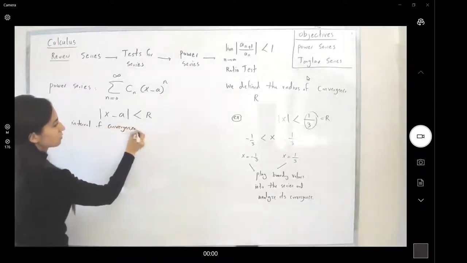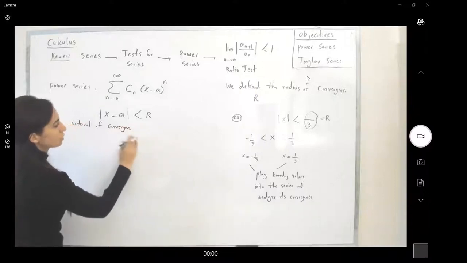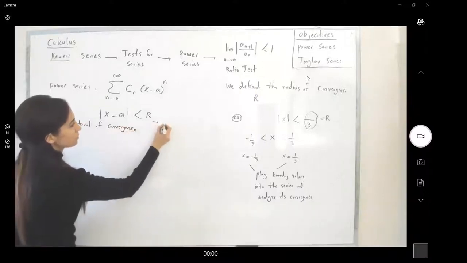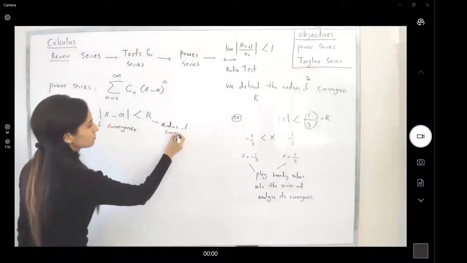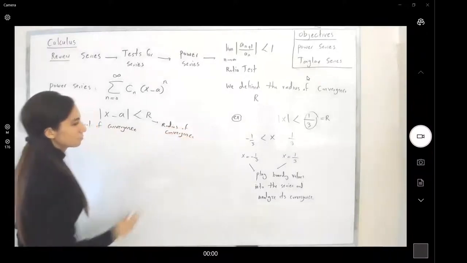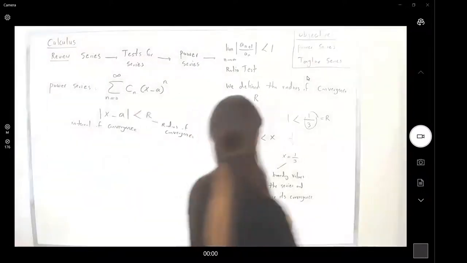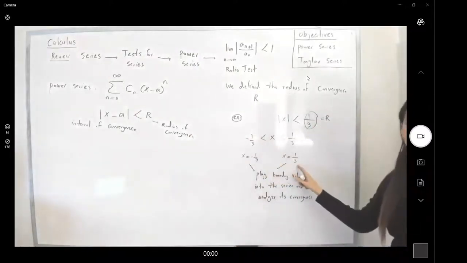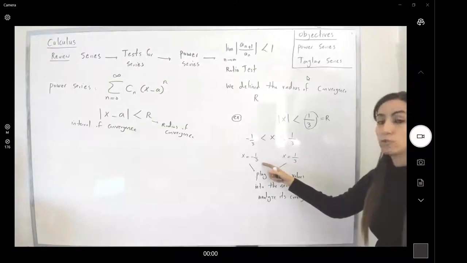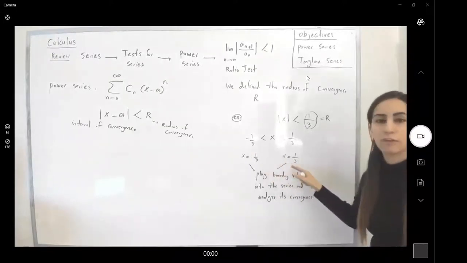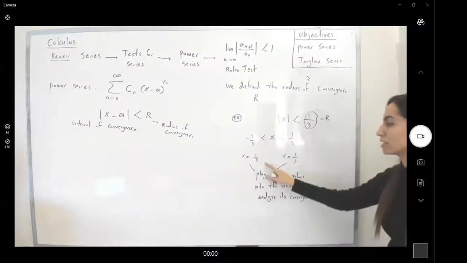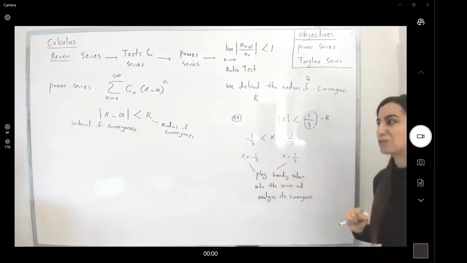And R is our radius of convergence. By analyzing the boundary points, we either do not include any of these, we might include both of these, or just one of these boundary values.